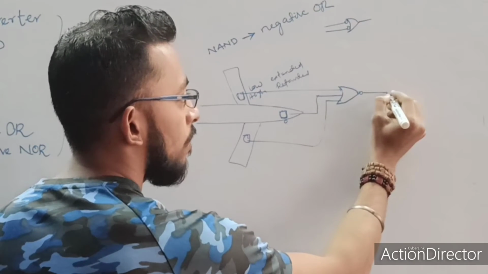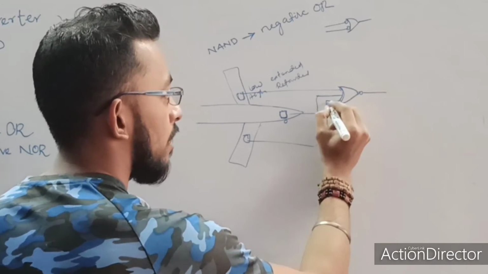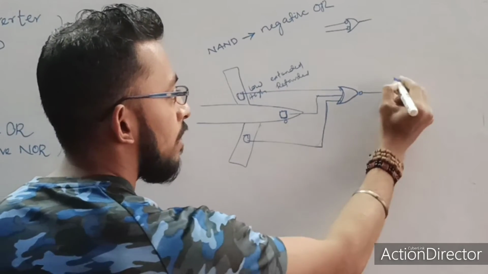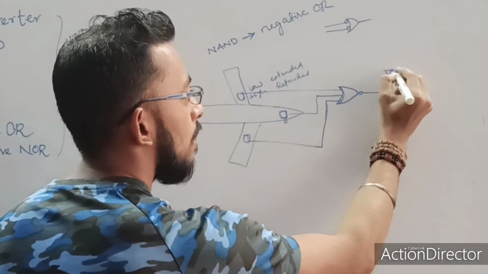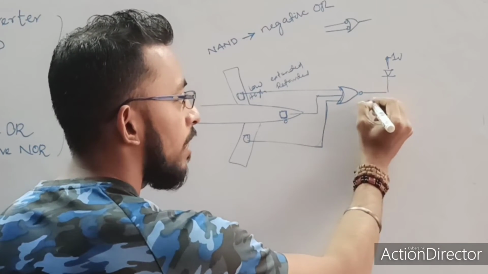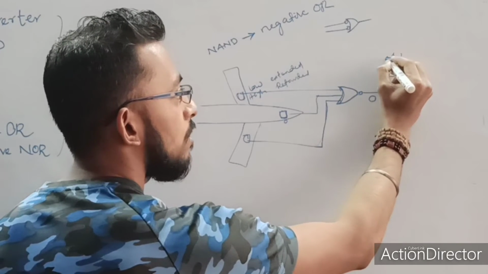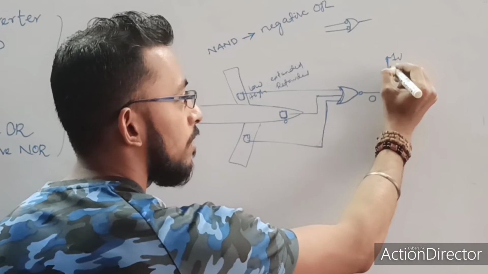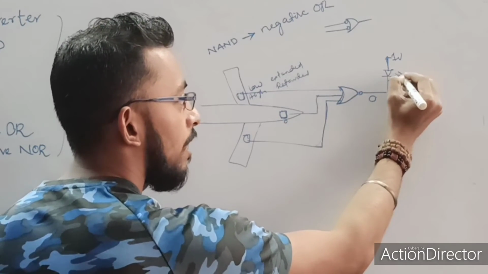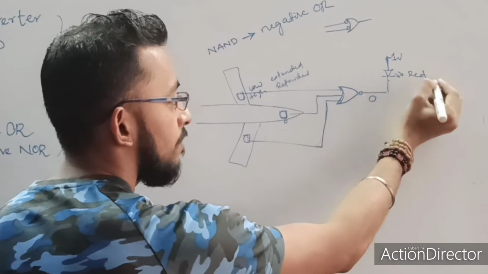So here one LED is connected that will glow. Now you see this LED, 1 volt is connected. This LED will glow when the output is 0, because this output positive is connected to the P side and the negative, the lower voltage, is connected to the N side, so this LED will glow red light.